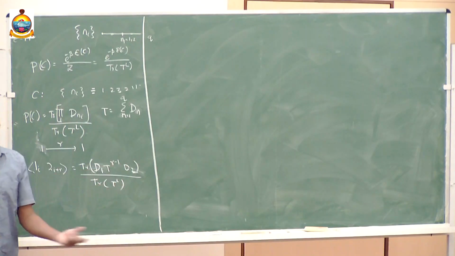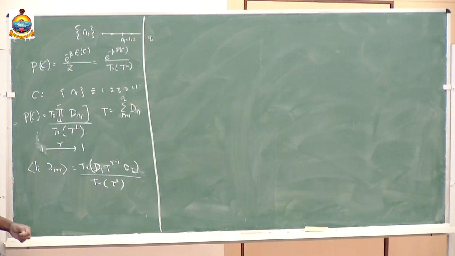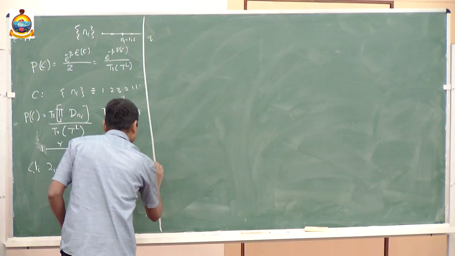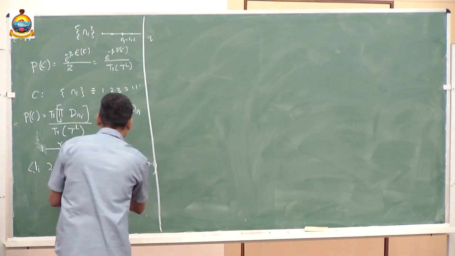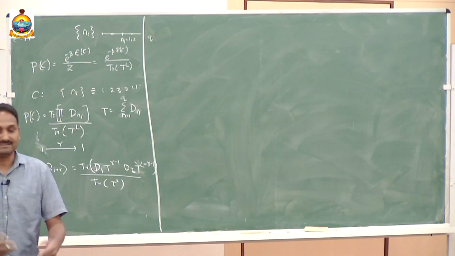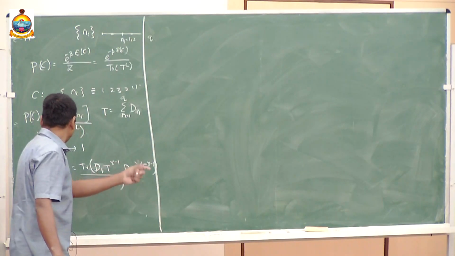Any correlation function you can write like that. Then there is T to the power L minus r minus 1. All the matrices in total, always there has to be L.